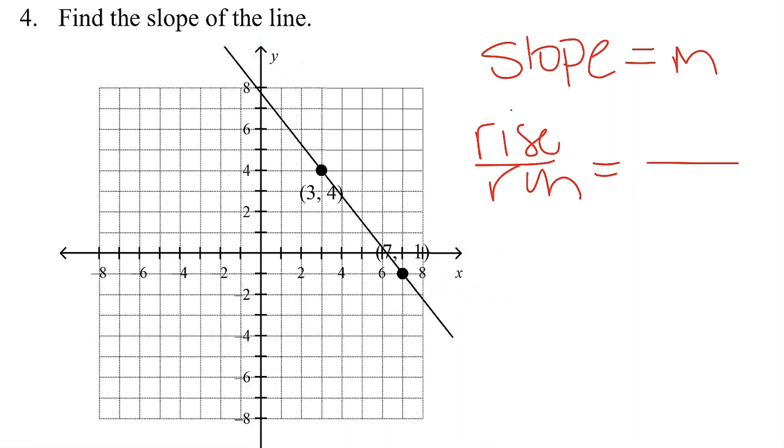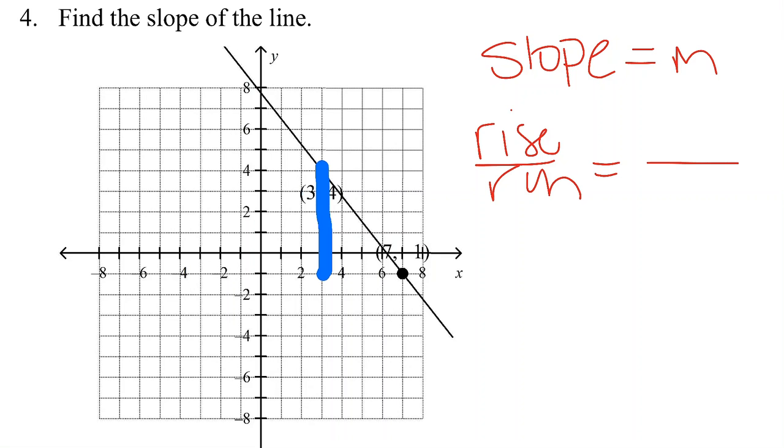Now, it doesn't matter which point you choose to go to first, but I'm going to go ahead and come from this point. Let me make that a little bit thicker. Let's try this. I'm going to come from this point to the point down here. And so if you go this way and you count how much does it change, well, you're going down.